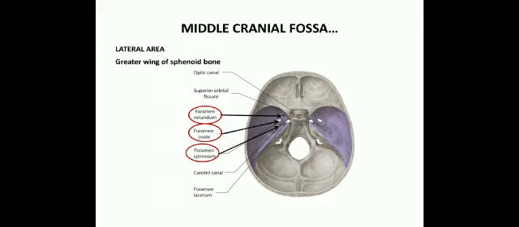It also leads inferiorly to the infratemporal fossa. Then the foramen lacerum lies at the posterior end of the carotid groove, posteromedial to the foramen ovale. So, from above downwards we have the foramen rotundum, foramen ovale, foramen spinosum, and towards the medial aspect the foramen lacerum.